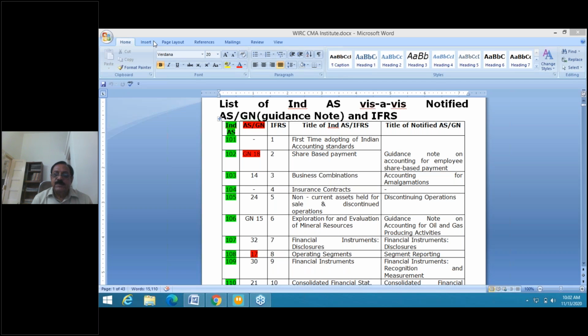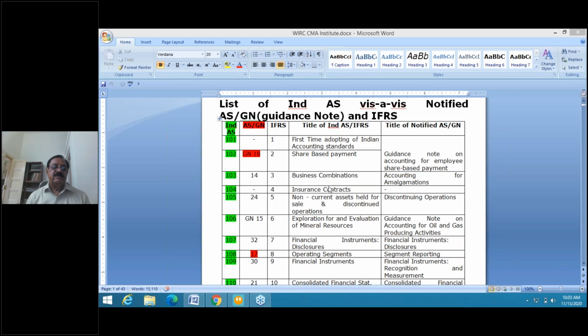So friends, I expect one question from this part also. Here there may be a question, old name, new name, or Ind AS number is given, and you will be asked some 4 options. What is the name of this Ind AS? So you should go for this part. This is for your information. Okay, anything can come from this.